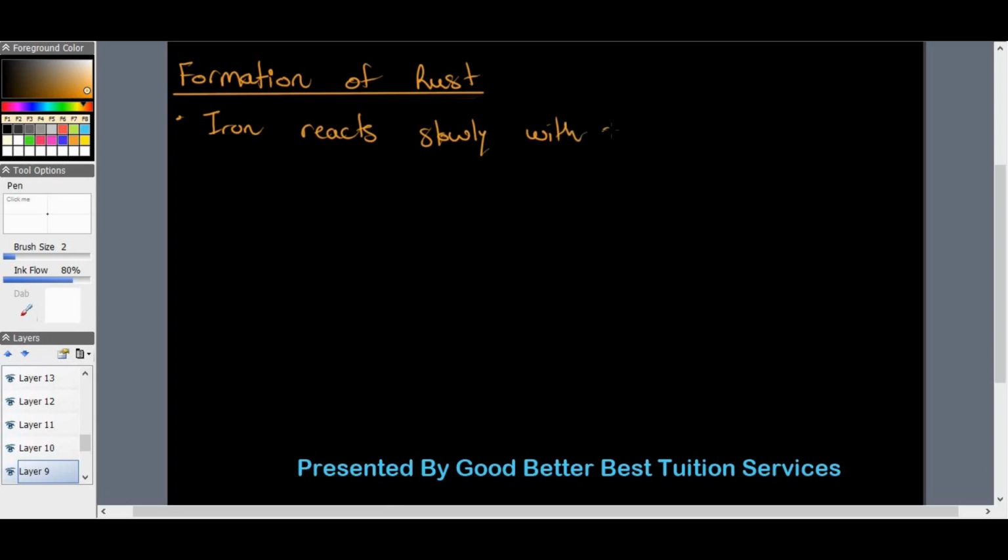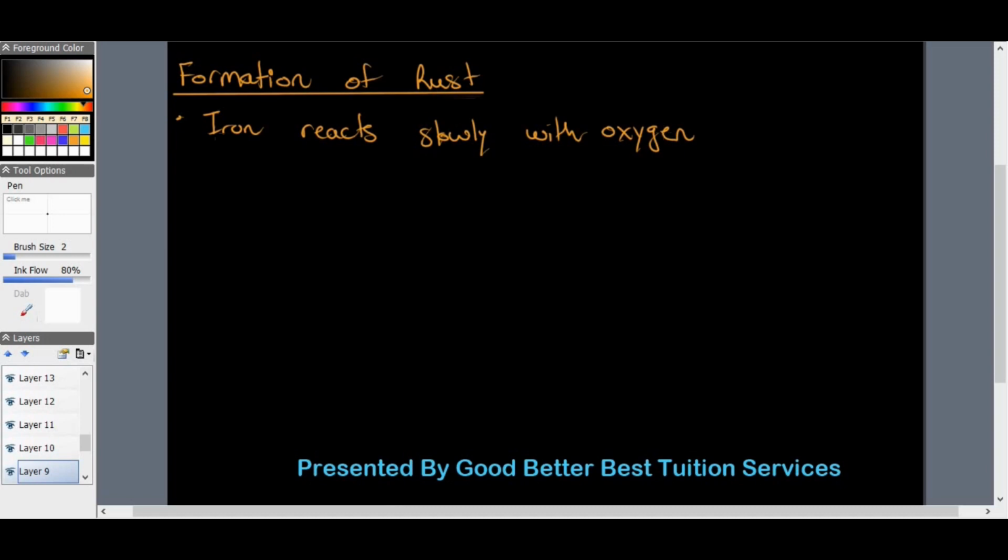And that's why, if you take an iron gate, or any piece of iron metal that is not protected against rust, you'll notice that over time, a significant amount of time, rust appears and eats away at the metal. But it reacts slowly with oxygen at room temperature.